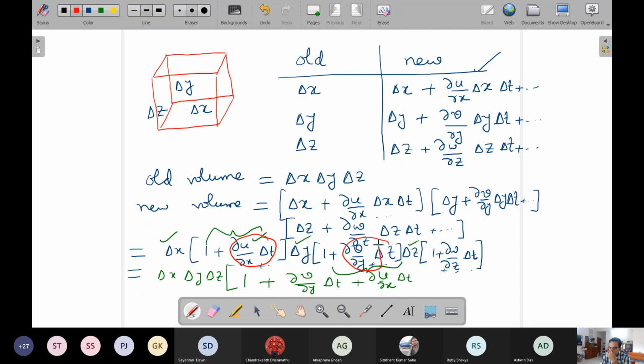Because the volumetric strain rate, just like the linear strain rate, we will calculate. So change in volume, we will make the difference between the new volume and the old volume. That is straightforward. When we say per unit volume, that means this will come as division, and per unit time means delta t will come as division.